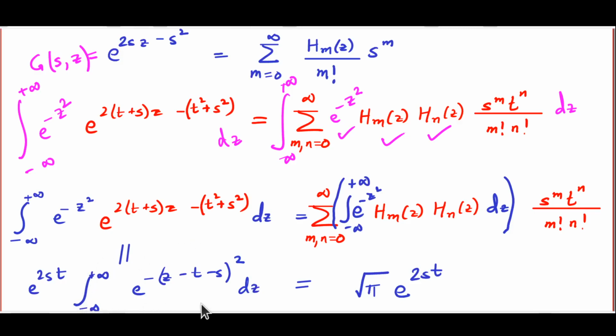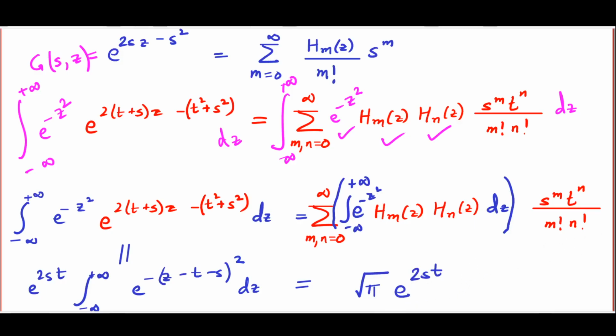This is a standard Gaussian integral, and its value is simply root pi. So this double sum over m and n of this integral of product of H_m and H_n with a weighting factor of e to the minus z squared turns out to be root pi times e to the 2st.